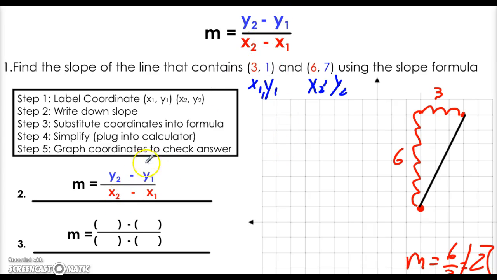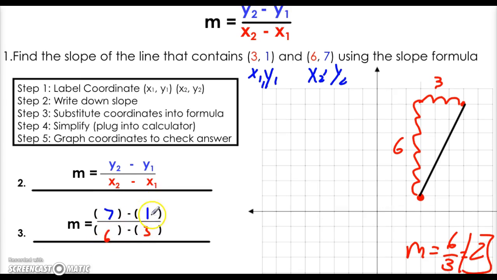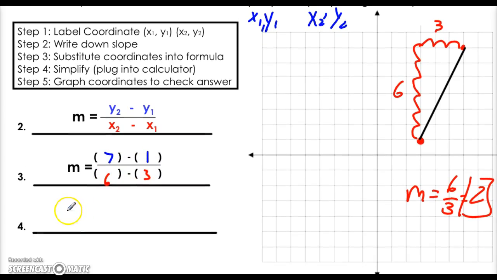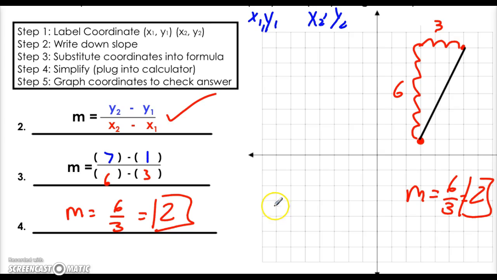So now we just plug into our formula. y2 is 7, y1 is 1, so 7 minus 1, and in this case x2 is 6, and x1 is 3. Now we just do our math out. So m is equal to 6 over 3, and sure enough we get the same exact answer. So the slope formula did work for us.